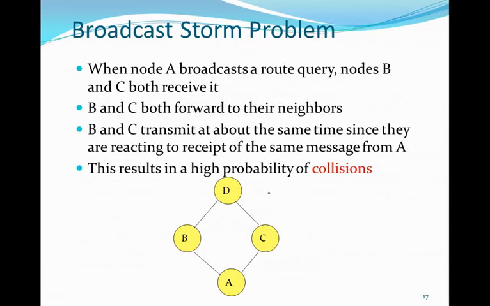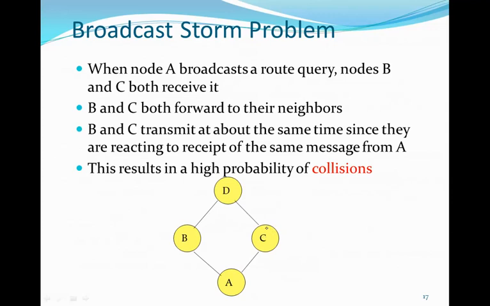So here in this diagram, you can see we have this particular topology to explain the broadcast storm problem. We have nodes A, B, C, and D. When node A broadcasts its message, a route query, to nodes B and C, both of them receive that query.